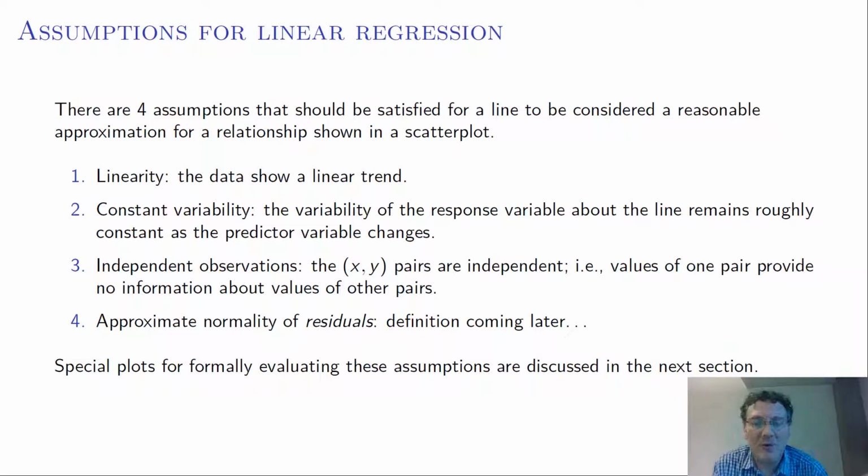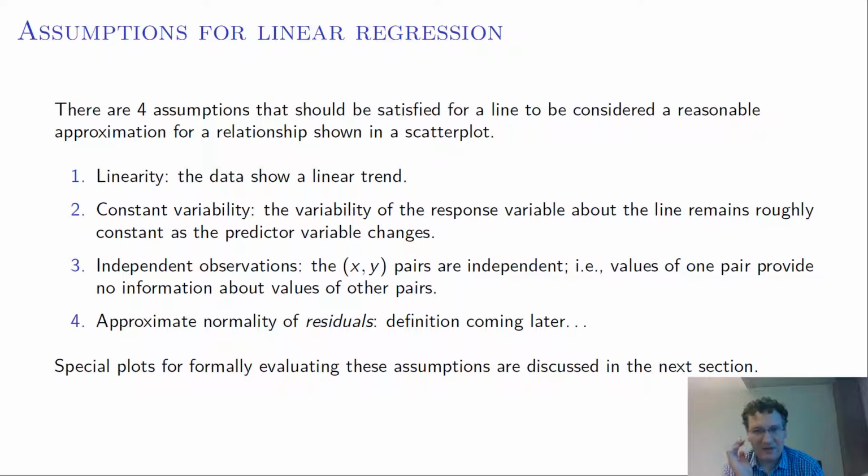But in order to really be confident in the results of linear regression, there are some assumptions that the linear model makes. One is that there is a linear trend, so this is the linearity assumption. The next is constant variability, which is to say that the amount of variation doesn't really change as you move horizontally. Regardless of what the x value is, there's about the same amount of variability. Then there's also independence, that the values of one pair have no influence on the next person observed.